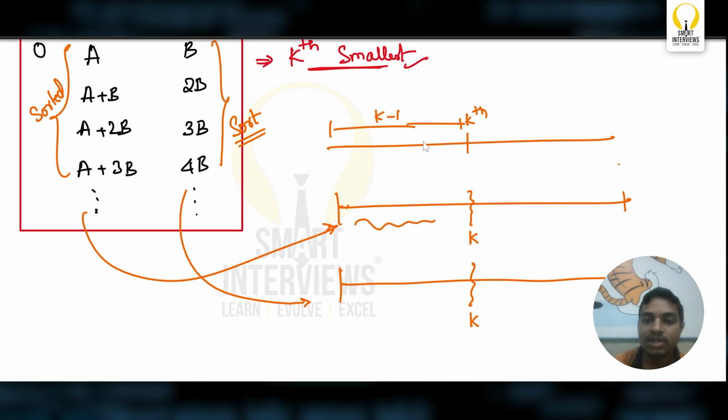All the values towards the left, when added, should be equal to k minus 1. If these many values are present over here and these many values are present over here, the particular value is going to be the array of k, that is what we're supposed to return, the kth smallest element. Hope that is making sense.